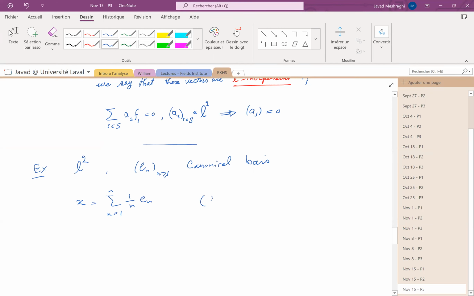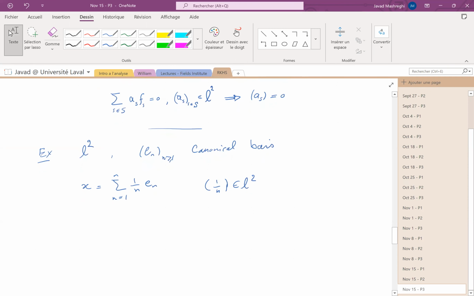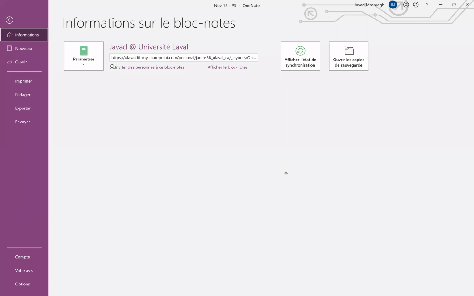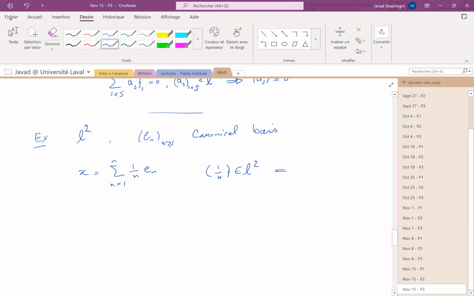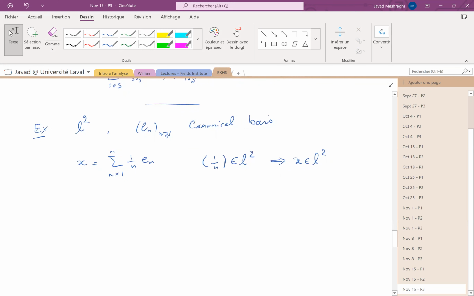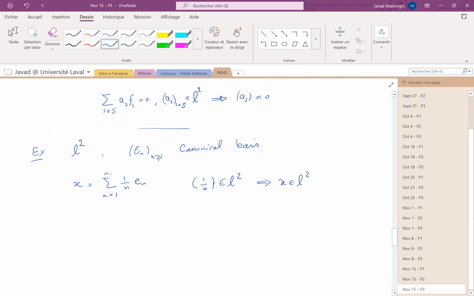This is well defined because 1 over n is in L2. So X is also in L2. I think you want the upper limit of the sum to be infinity rather than n. Yes, thank you, indeed. And I really need that infinity. We'll see momentarily.